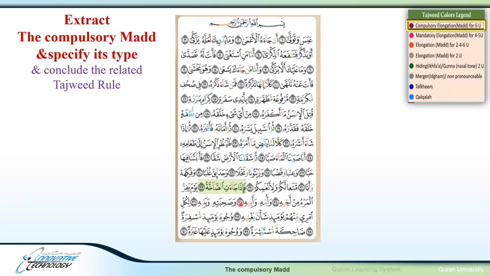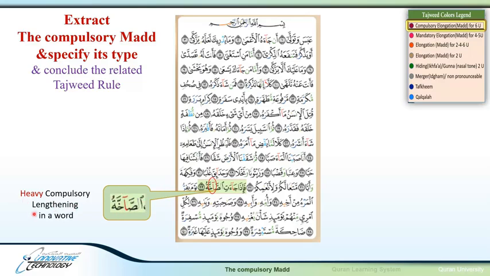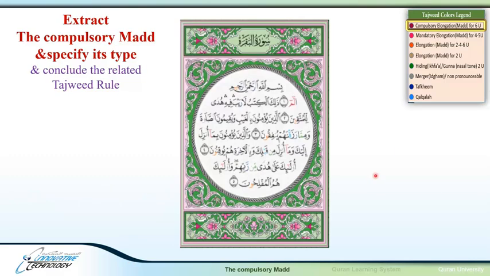Let's find another example. As-sakha. The alif here happens within a word, so it is in a word, and it is considered heavy compulsory lengthening because it's followed by a shadda that has an original sukoon. Next example is Alif Lam Mim.